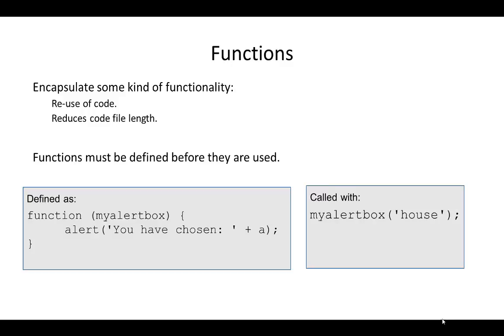And that reduces code file length. But the other thing is sometimes you use functions simply to partition functionality in your code so that your code files aren't humongously long.